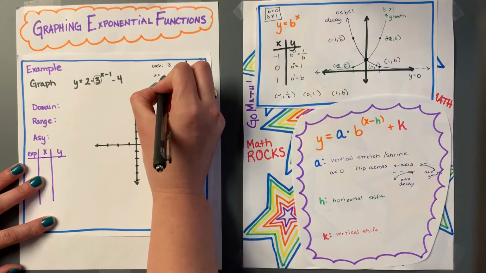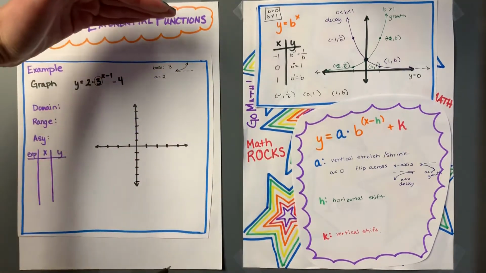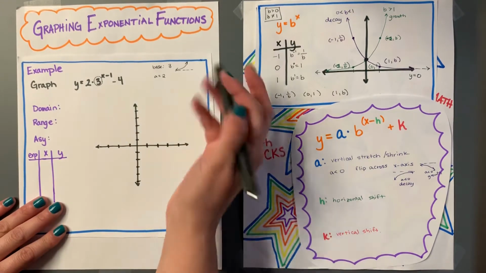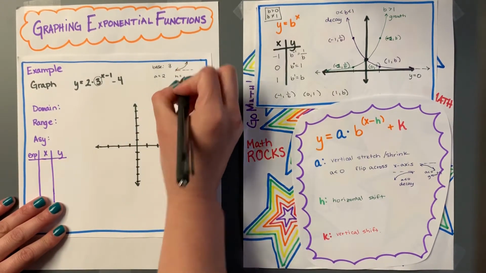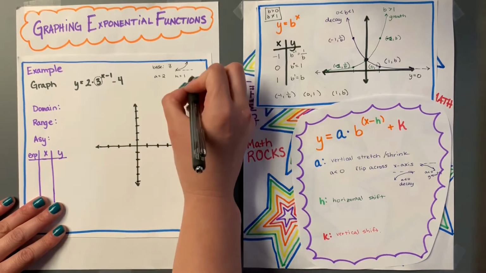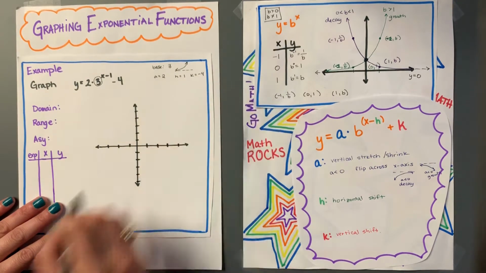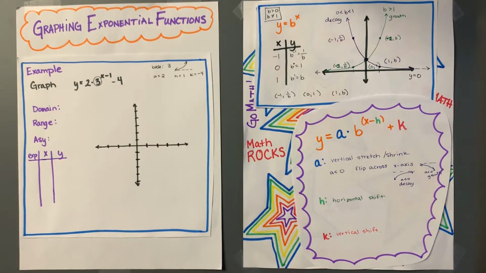My a value is positive 2, so it's going to be vertically stretched but not flipped. My h value is x minus h, so my h value is positive 1, and my k value is negative 4. So I'm just going to identify those things and help myself out there.